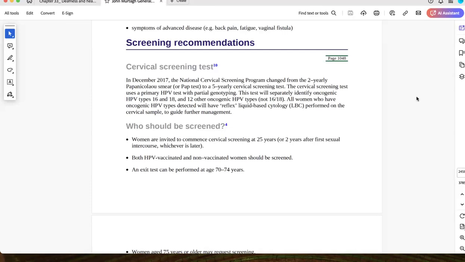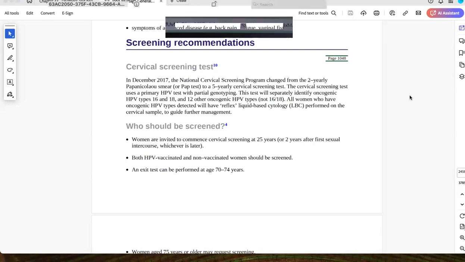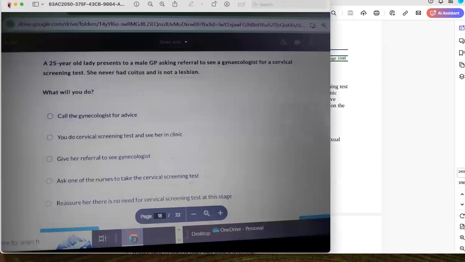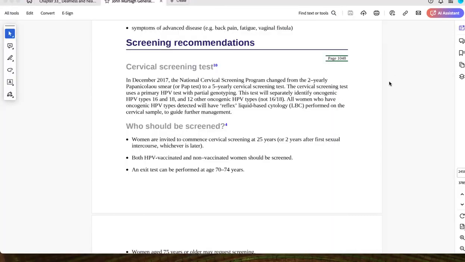Okay, so for Dr. Junaira, good question. I would actually say that there is no need for cervical screening at this time. But if a patient asks for it, then you can definitely do it.